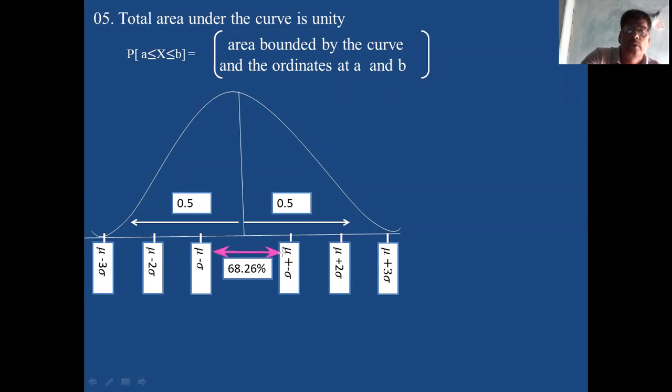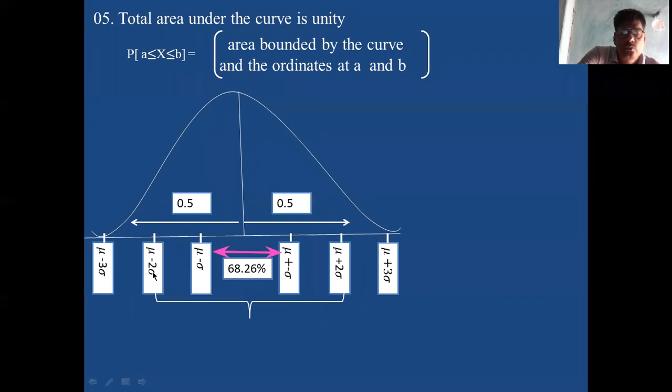The area from here to here, from mean minus standard deviation to mean plus standard deviation, is 68.26 in percentage, and in per unit its value is 0.6826. Remember this.